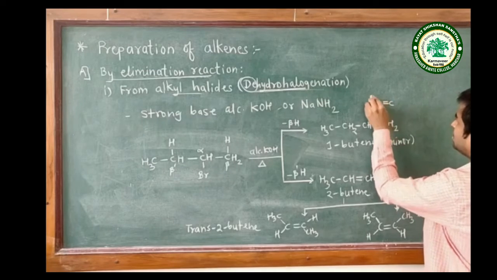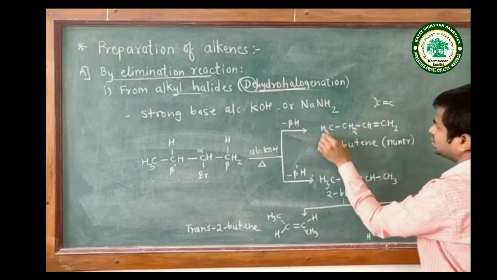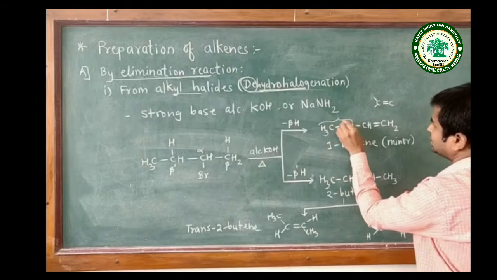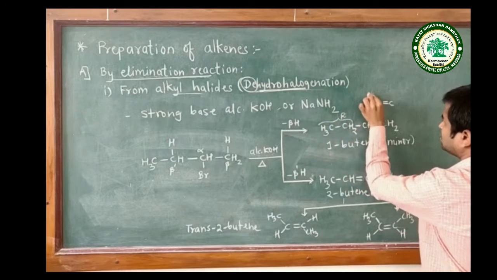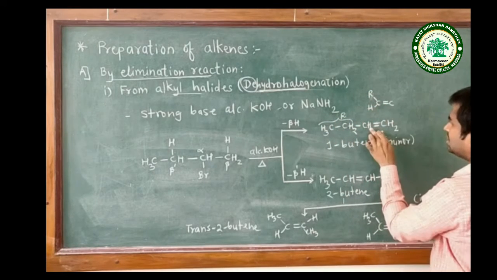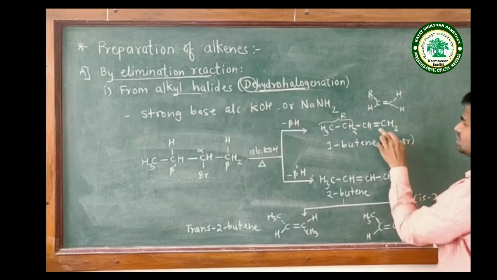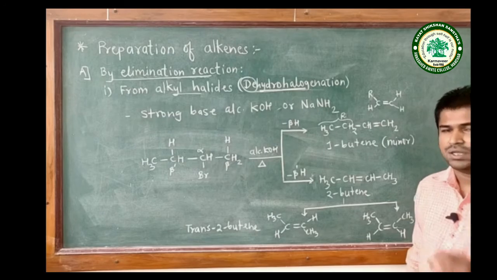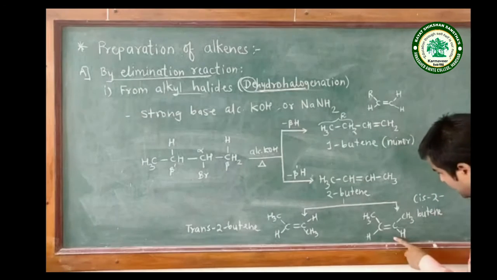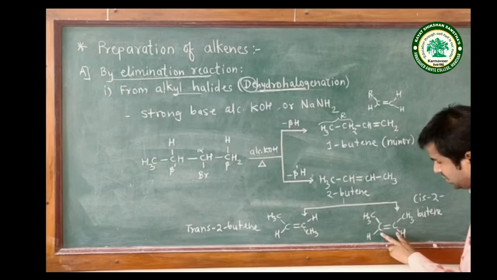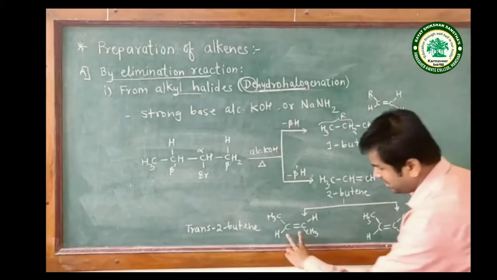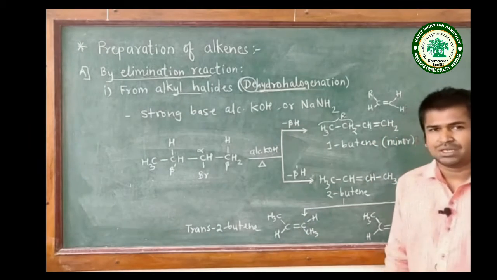See here, we consider this group as an R group. So this is R here, here is hydrogen, here are two hydrogens. So this alkene is mono-substituted alkene. This alkene is di-substituted alkene and this is also a disubstituted alkene.